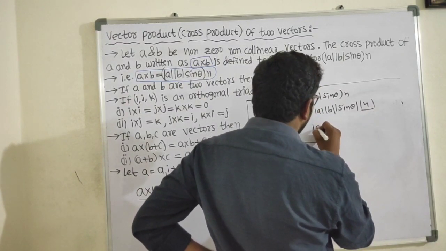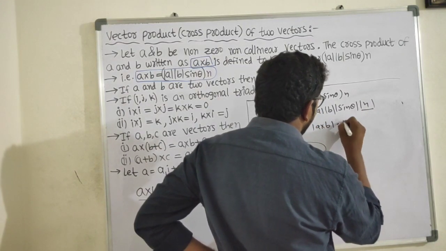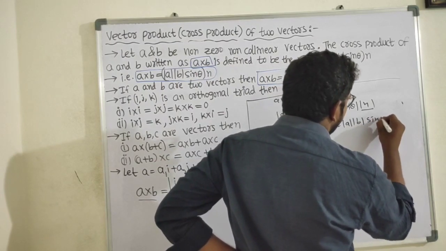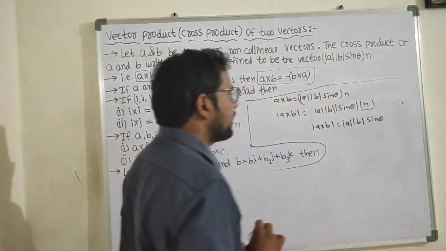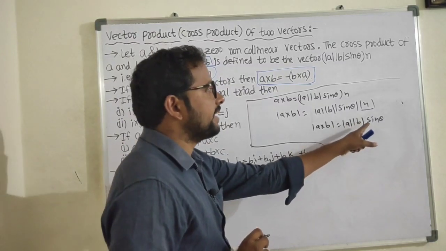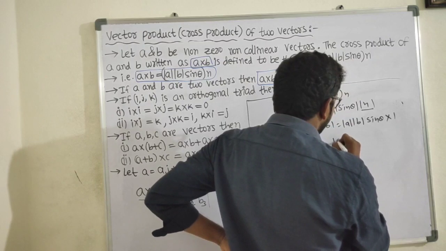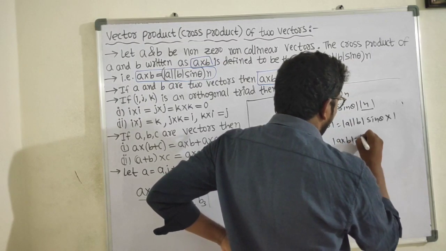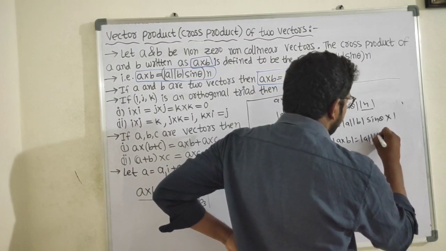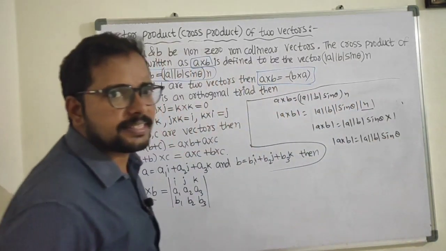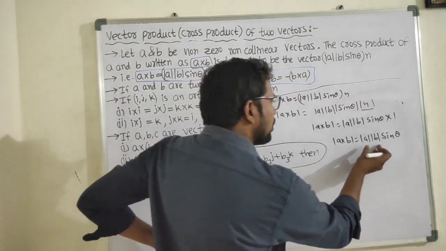So mod A cross B is equal to mod A mod B sin theta, because the sin theta value does not change, and mod n is 1. So send mod A mod B to the left side.